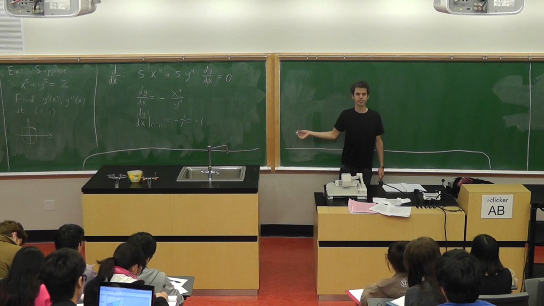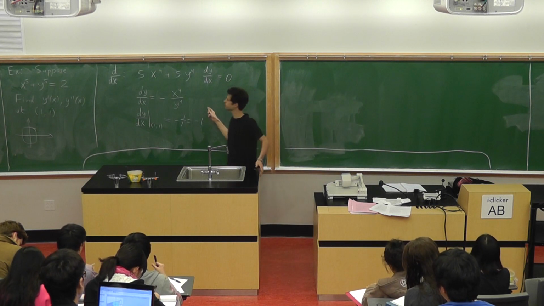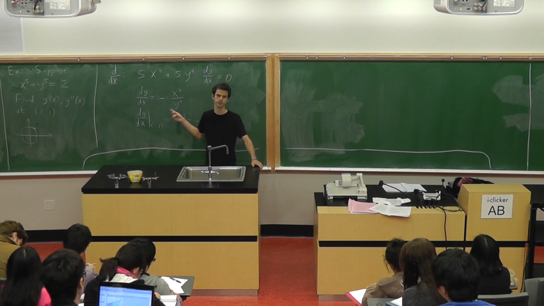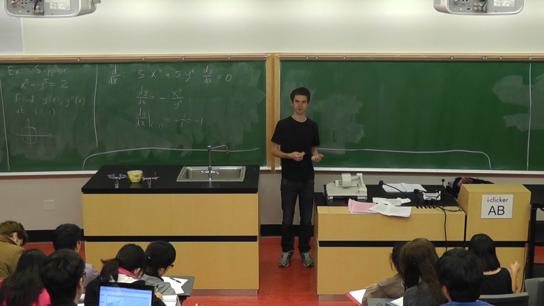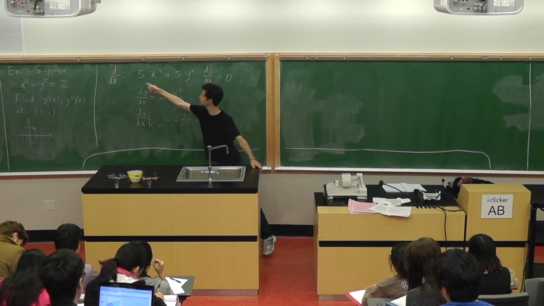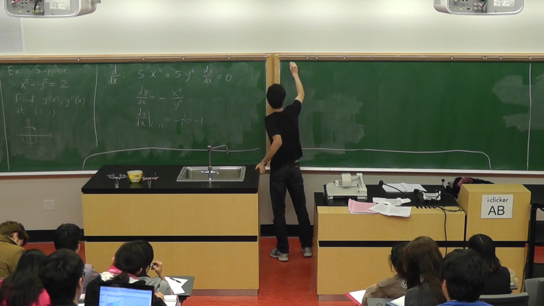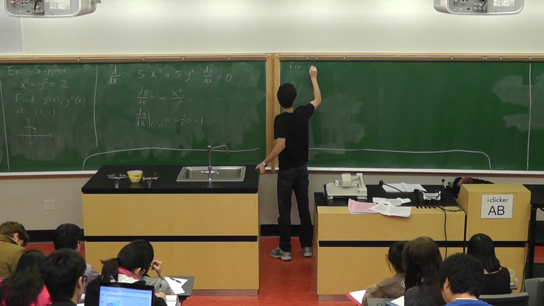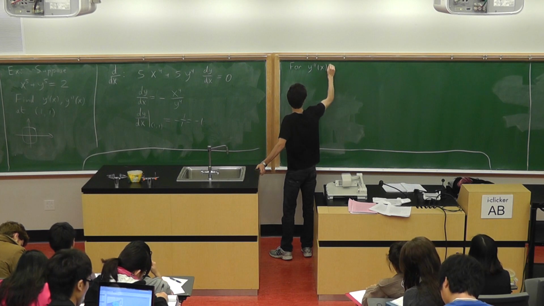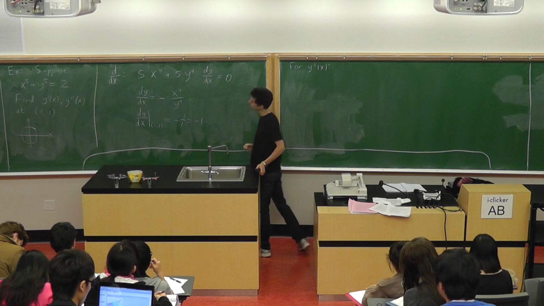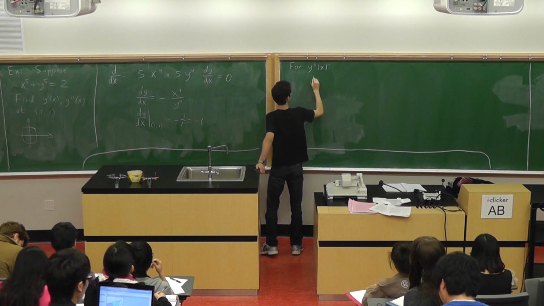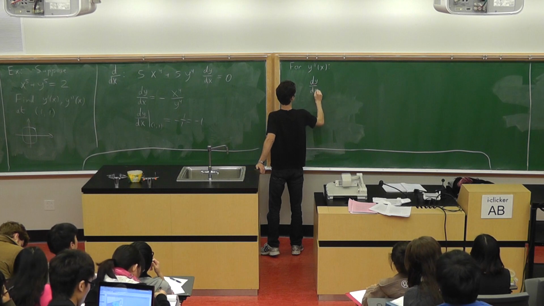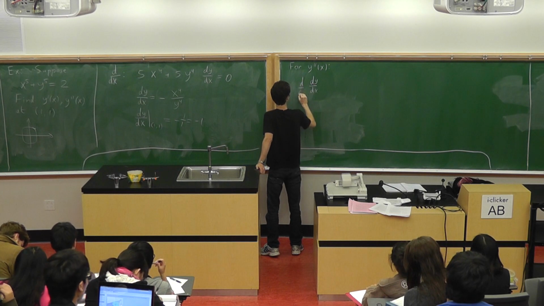So how to find the second derivative? Well, I already have the first derivative. The second derivative is just the derivative of the derivative. So find the derivative of this expression. So for y double prime of x, let me take this expression dy by dx and apply d by dx.